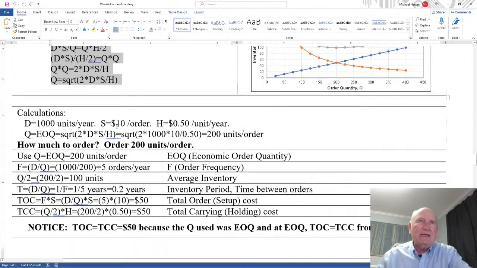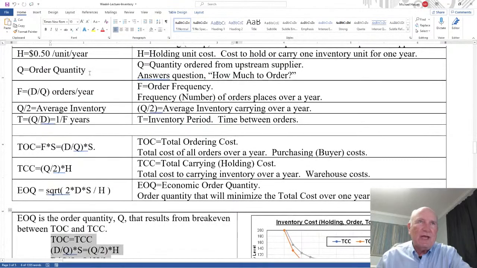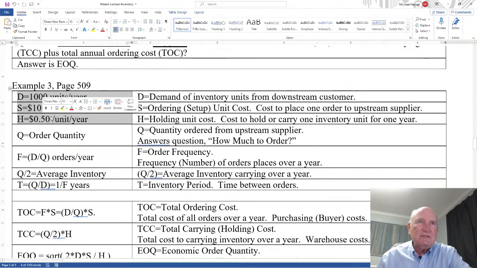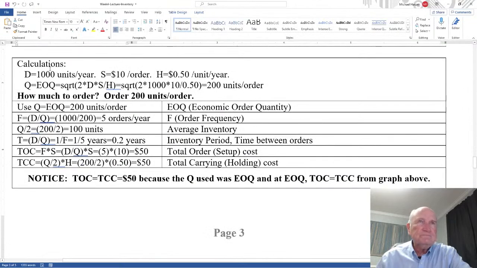Okay, calculations. Let's bring down these values up here. The demand is 1,000 a year. The setup cost is $10 per order. The holding cost is 50 cents per unit per year.